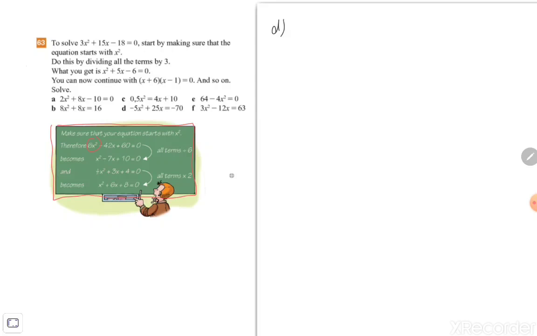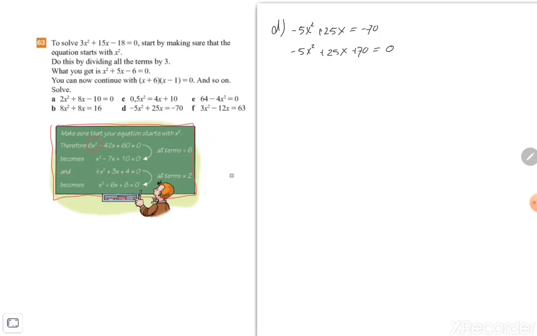Exercise D. Minus 5x squared plus 25x is equal with minus 70. Alright, so I'm going to add 70 on both sides. Then you get minus 5x squared plus 25x plus 70 is equal with 0.